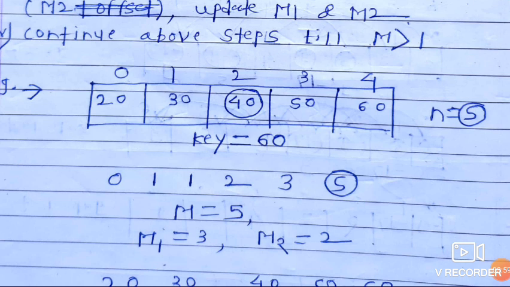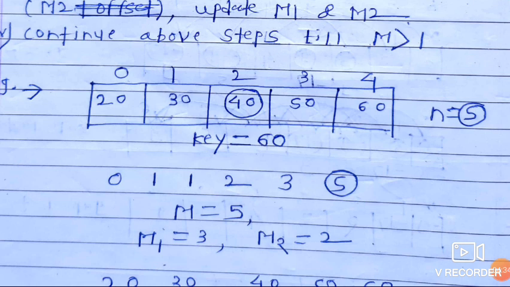Once we calculate m, its two preceding values are considered as m1 and m2.